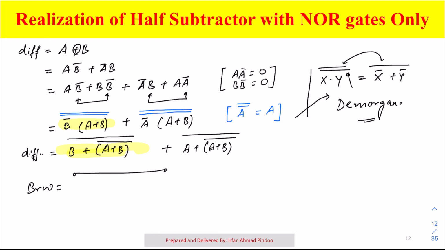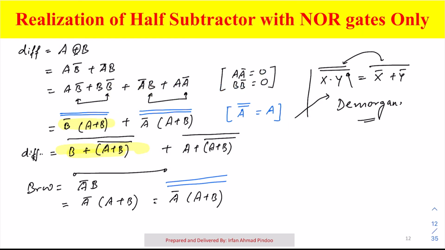We know that for half subtractor, borrow is equal to A bar B. This A bar B we can also write as A bar into A plus B, because once we multiply, A bar into A is 0, so we get again A bar B. So this can also be written as A bar then A plus B, and we add two complements like this.